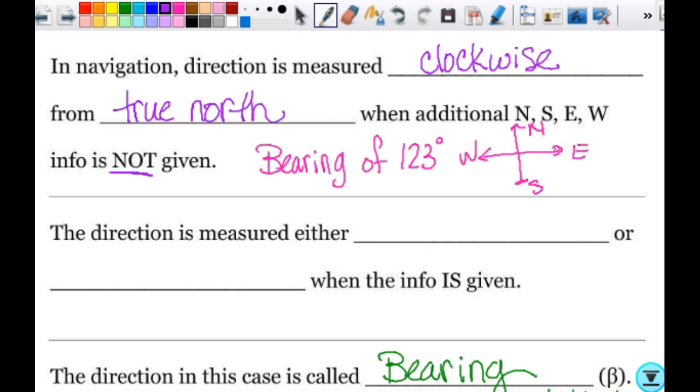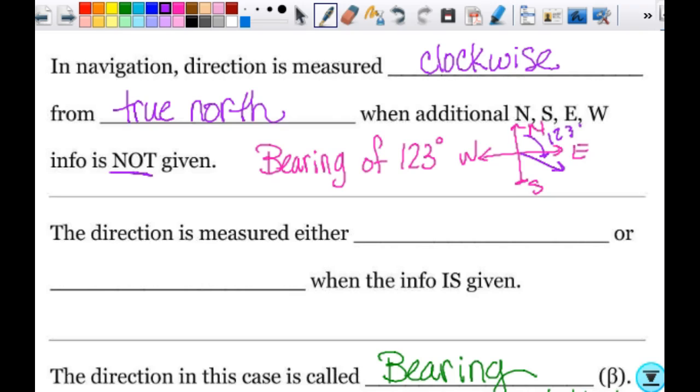But we're not, because it said bearing. If I did it from the positive x-axis, my 123 ends me up in quadrant 2. But for a bearing of 123, we start from true north and go clockwise. So this is 90 and then I go about 30 more. So a bearing of 123 degrees would be right here. We have to know how to draw that correctly to get everything in the right places and get the angles we need for our pictures, okay? We good with that? Any questions?